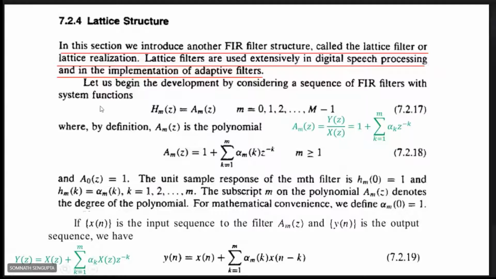So that system function is say Hm or Am. Am is represented in terms of some coefficients alpha m. Generally it is actually a polynomial, but we are writing it in summation form.